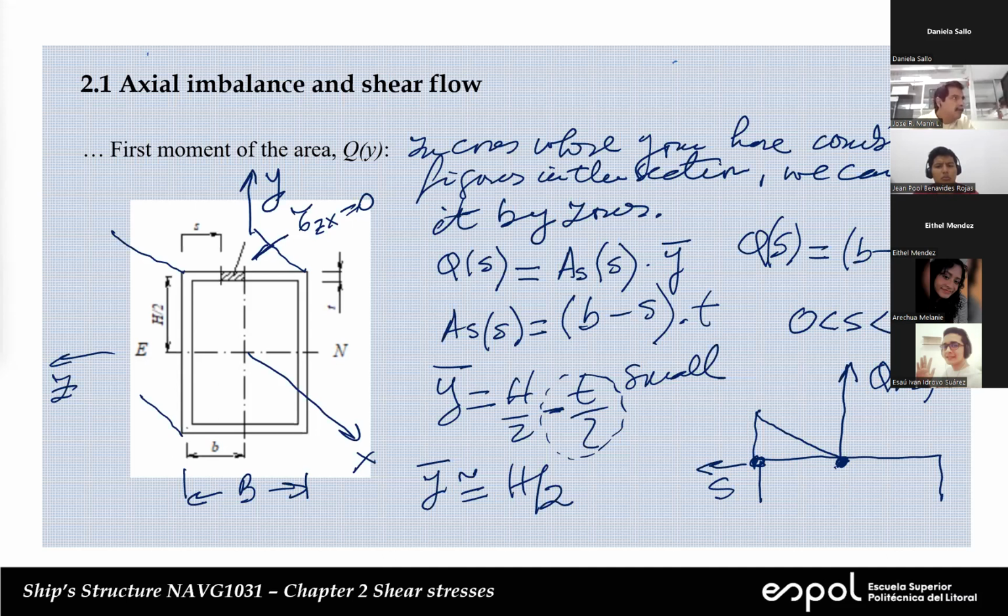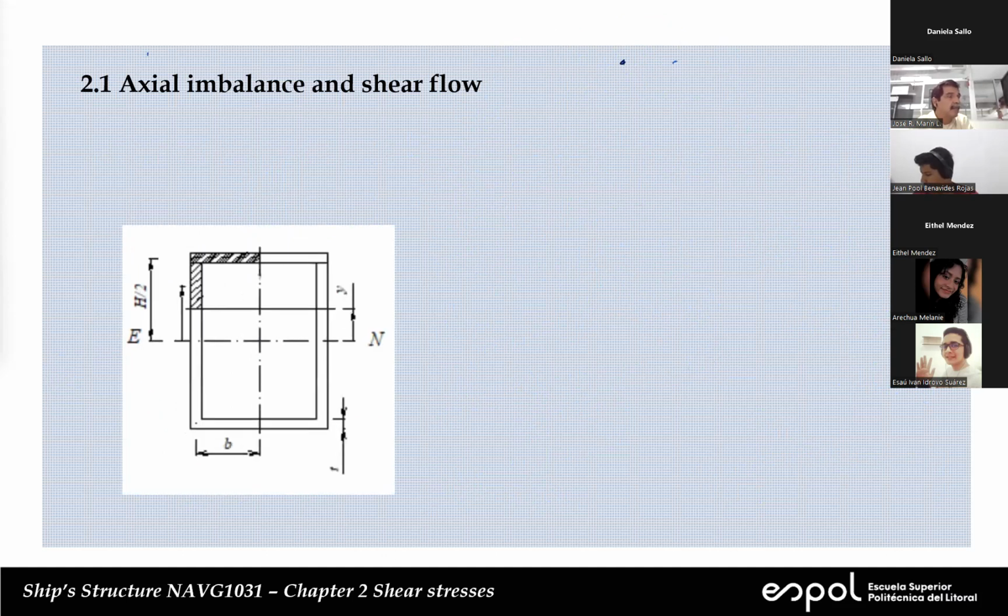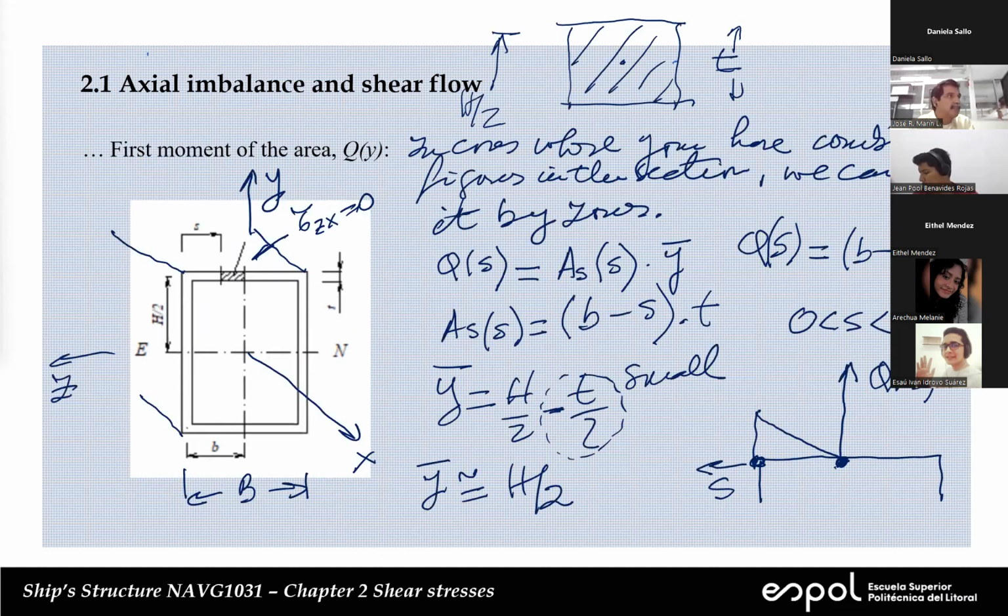Just tell me, if you zoom in here, this is what you have. This is the thickness, this is H over 2, and this is T. So that's your rectangular sector, and this is the position of the centroid. So you measure from here until here, up to here, and then you subtract half of the thickness.